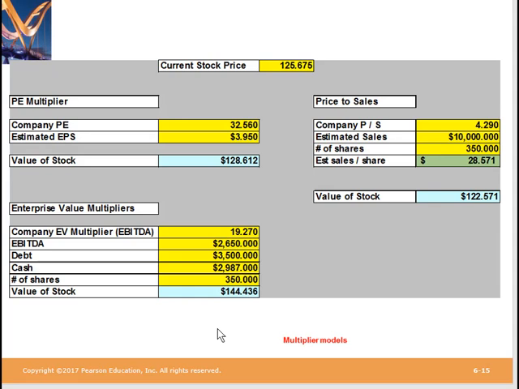They don't make any sense at all. For instance, if we had done this multiplier and it said that the value of this stock was $4, and you know that the current stock price is $125, you know that that information is not working properly with this particular stock. Everything else seems close, but this is $4. Sometimes the models don't always work as nice and pretty as we would like them to.